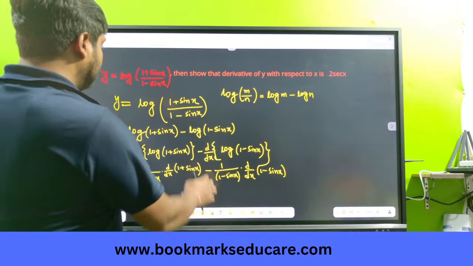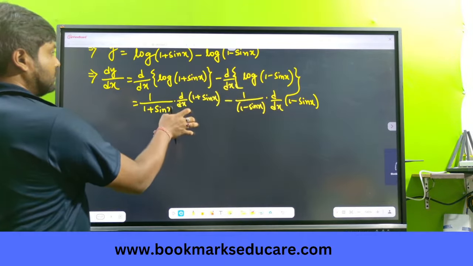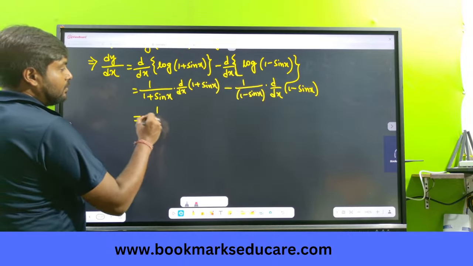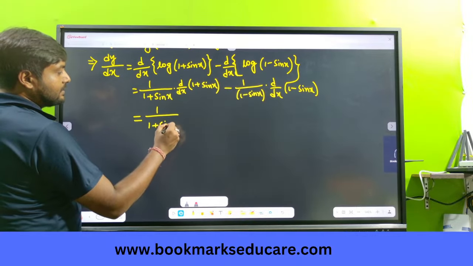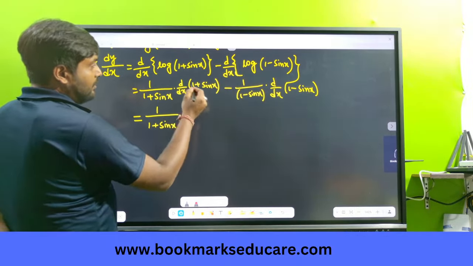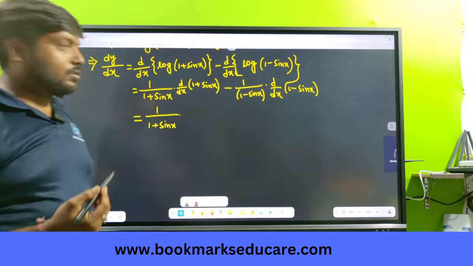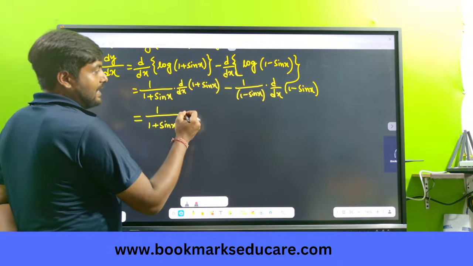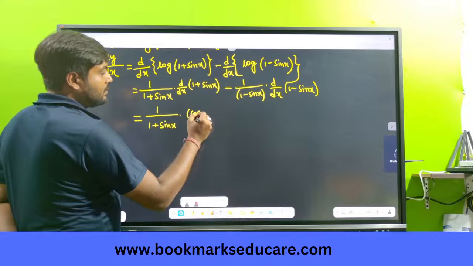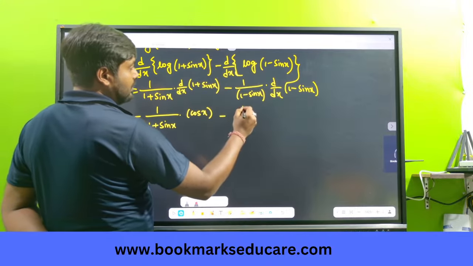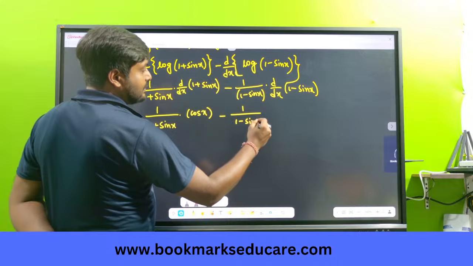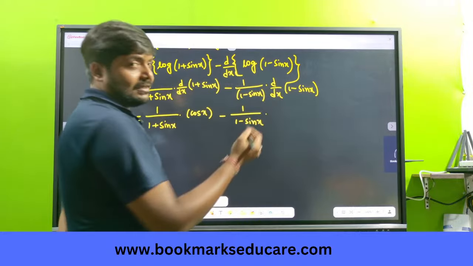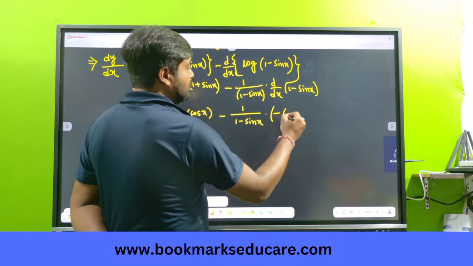This is a bit larger sum. Let's proceed. So here 1 by (1 plus sin x) into the derivative of 1, that is a constant, so it will be 0, and the derivative of sin x will be cos x, minus 1 by (1 minus sin x) into the derivative of 1, which will be 0, and the derivative of minus sin x will give minus cos x.